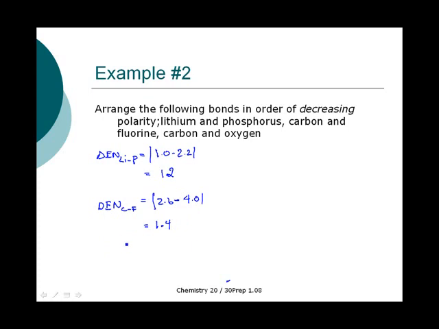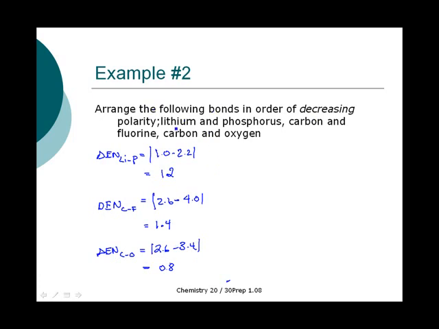And we have carbon and oxygen. So delta EN between carbon and oxygen is equal to 2.6 minus 3.4. And here we get a difference of 0.8. So there's our three differences in electronegativity.